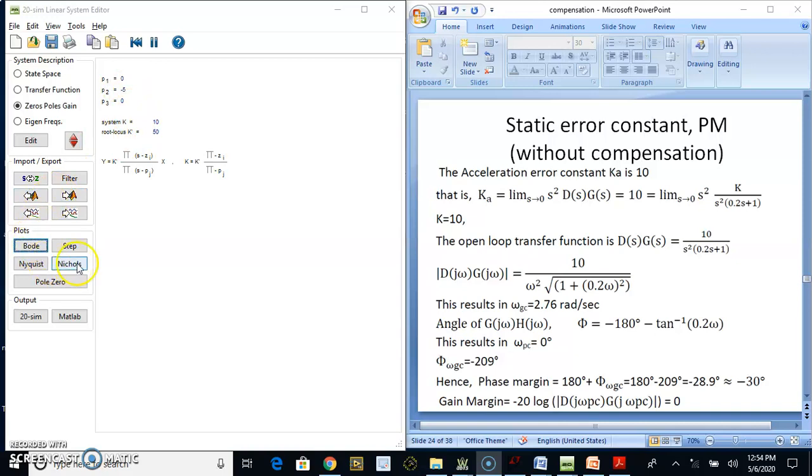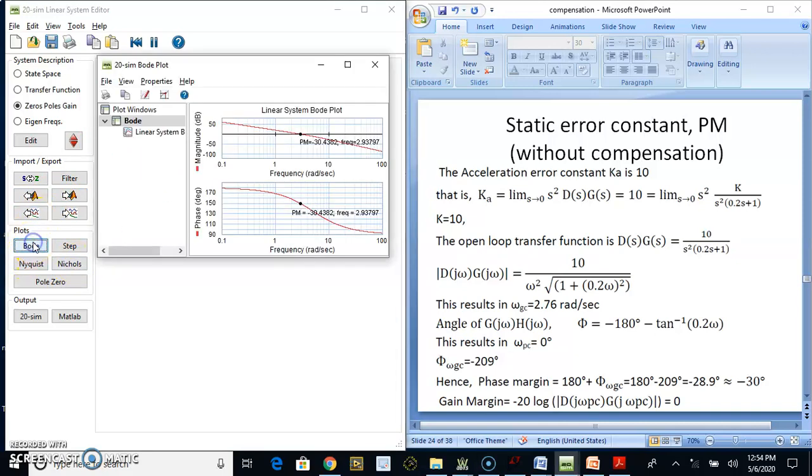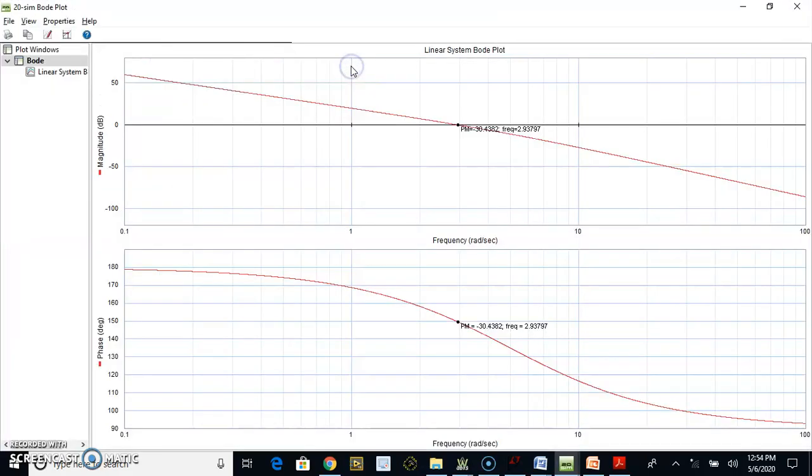So let us see what the Bode plot specifications are. If you can see here, the phase margin is actually minus 30.4 degrees, and the omega GC is 2.93 radian per second. You can see the phase margin is minus 30 degrees, which we also got in the theoretical equations.